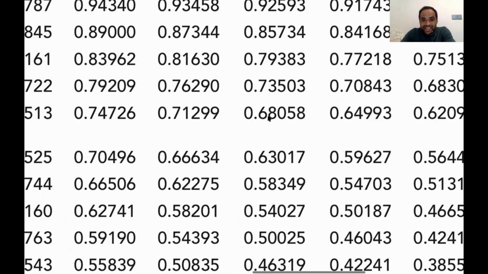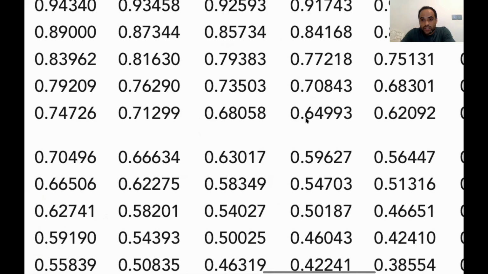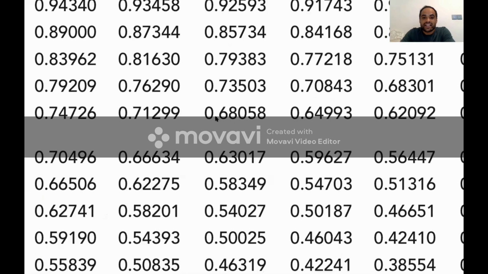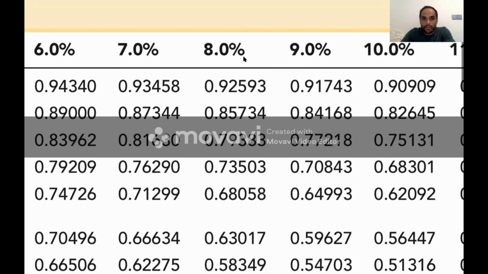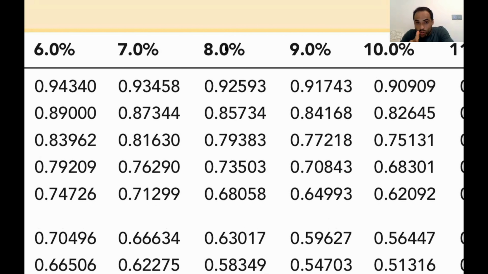So 0.680, 0.64. So obviously the closest number to 0.693 is 0.680. Now we go up. Rate is 8%. So 8% is your IRR. So this is the way to calculate IRR.